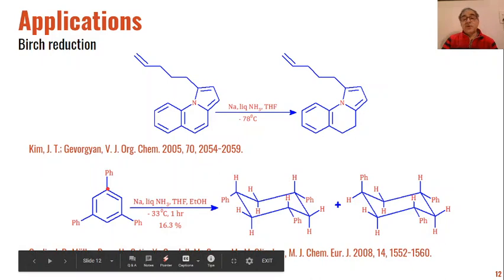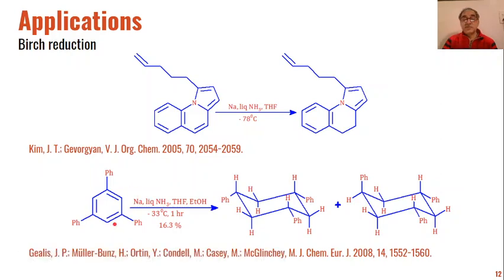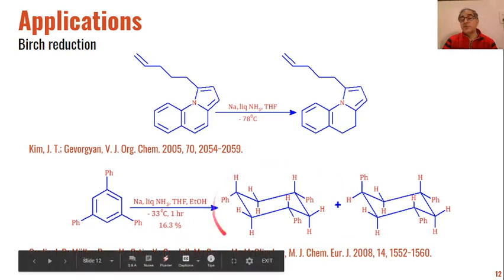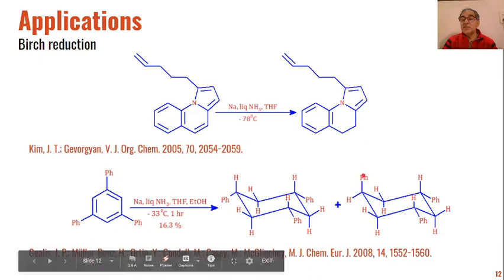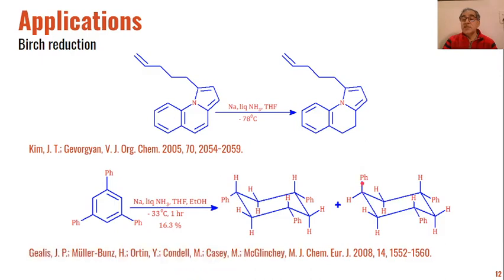Similarly, if we use 1,3,5-triphenyl benzene, then partial reduction of this can also lead to formation of different types of products. So different types of substituted cyclohexanes, they can be formed, where the isomeric products they can be formed. You can see over here that in this enantiomer, this phenyl group is equatorial, whereas in this enantiomer, this phenyl group is axial in nature.